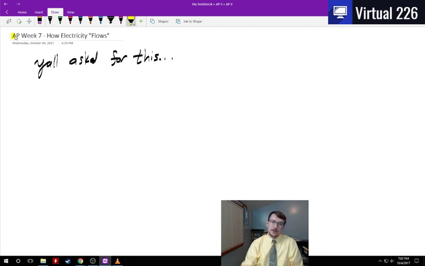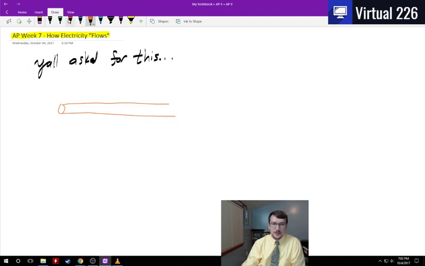We're looking at how electricity flows. I don't have time to cover this in class. There's just too much stuff. But we're going to look at it. Okay? We talked about in class how if I have some very long wire, the individual electrons in the wire can be moving very, very quickly.